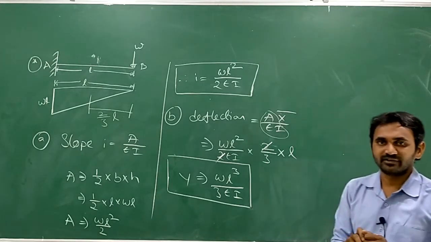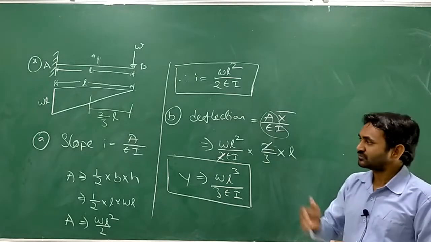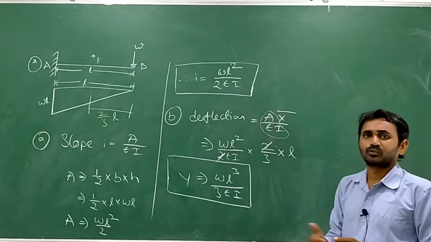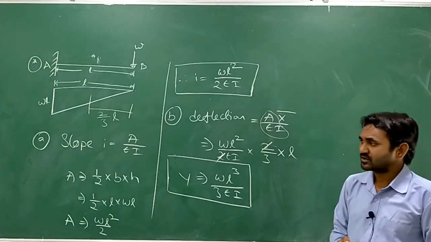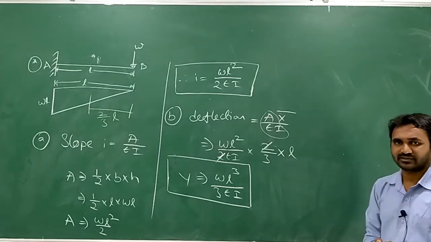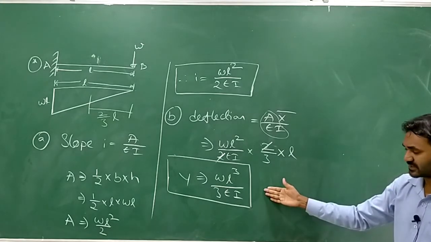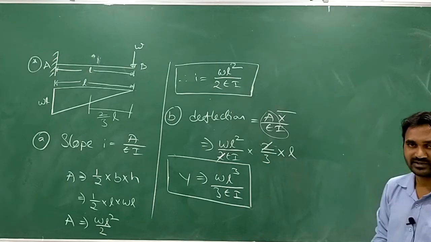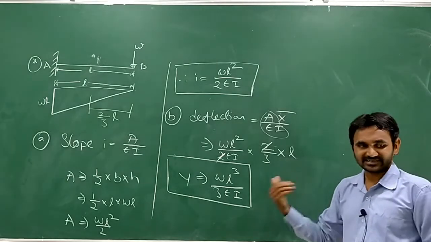So let us see all the standard cases and how to solve them. This is case number 1. Always deflection is in mm or meters, and slope is in radians, right?